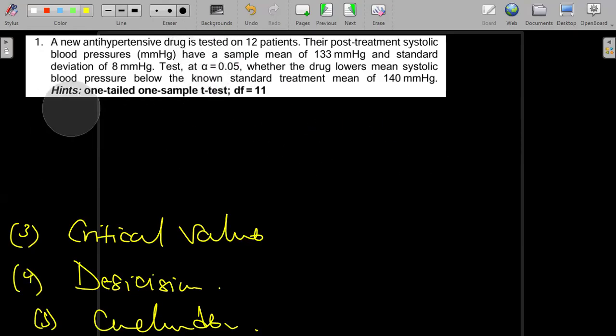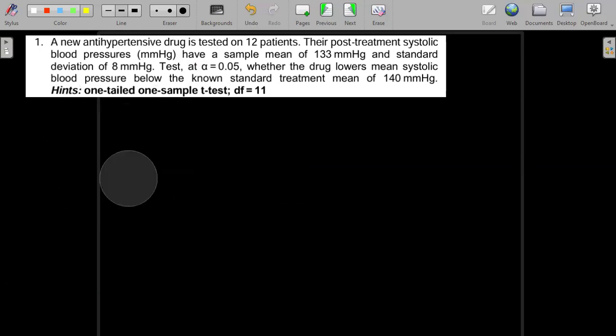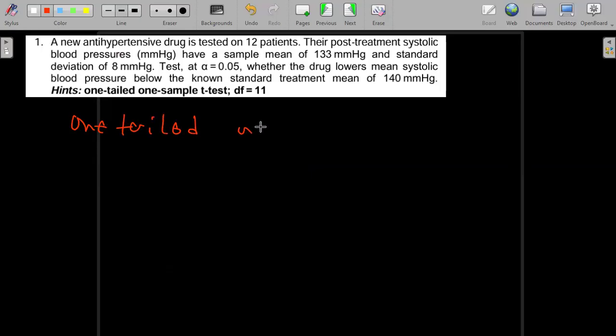Depending on what your alternative hypothesis is, it's going to tell you whether you have a one-tailed test or a two-tailed test. The null hypothesis, indicated by H0, should always include an equal sign.